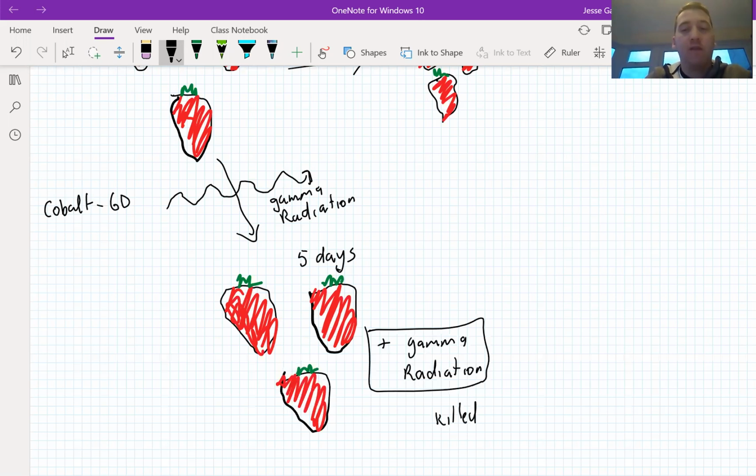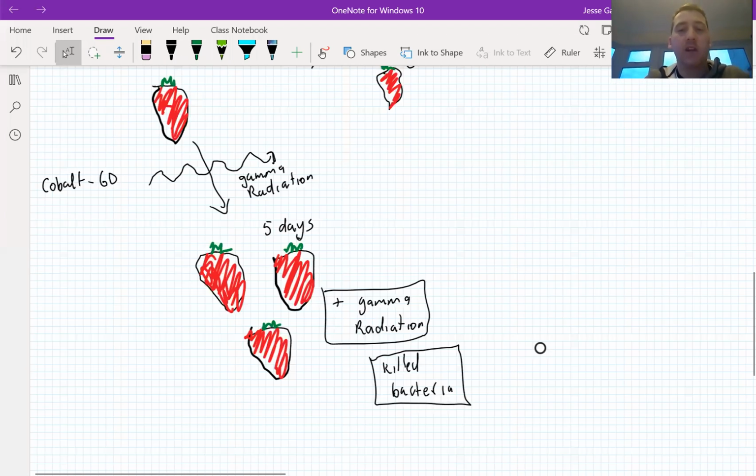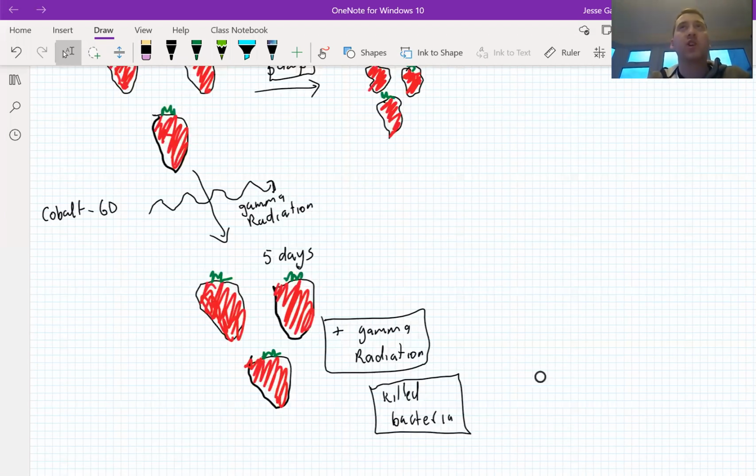Now, generally in food, if we want to kill bacteria, we tend to cook things. So we add heat. If we add heat, we can kill bacteria because they don't like heat, especially if you heat things up hot enough. Like if you take chicken and put it on a really hot pan for five to ten minutes, you kill all the bacteria and make it safe to eat.